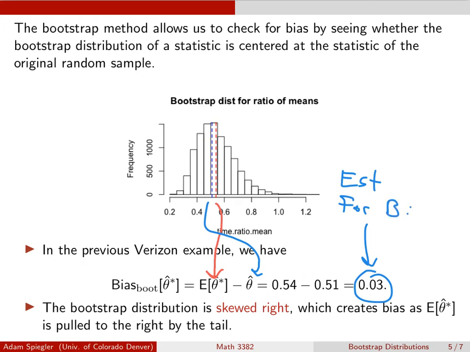Here that bias is positive, and that's because of the skewness we had in the tail on the right. So here we have some bias, and the question you might have is, how much bias is acceptable in order to still have reliable results? That's what we'll take a look at on the next slide.